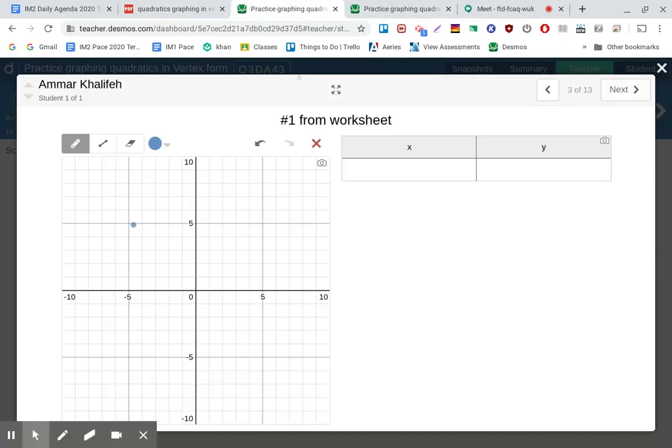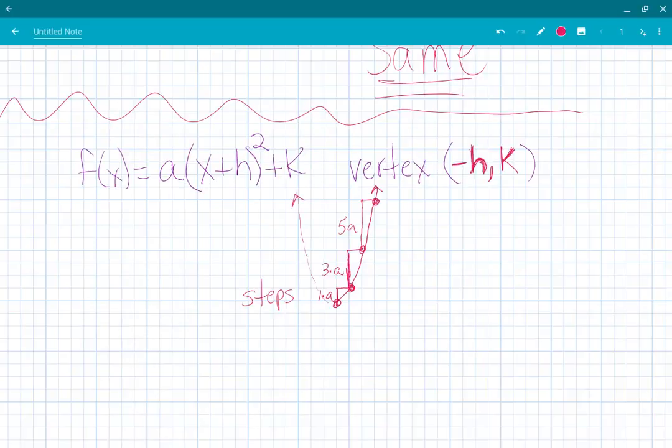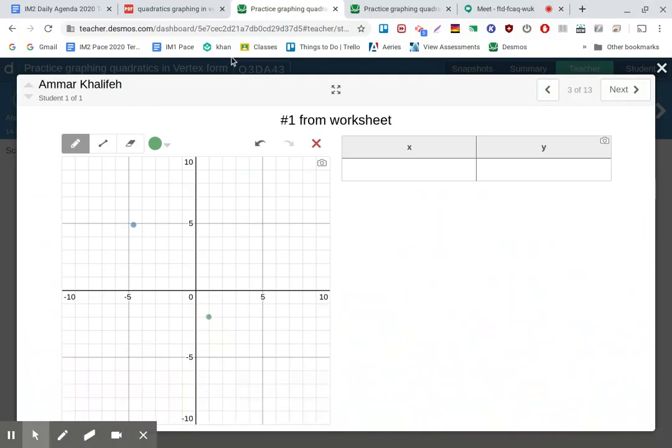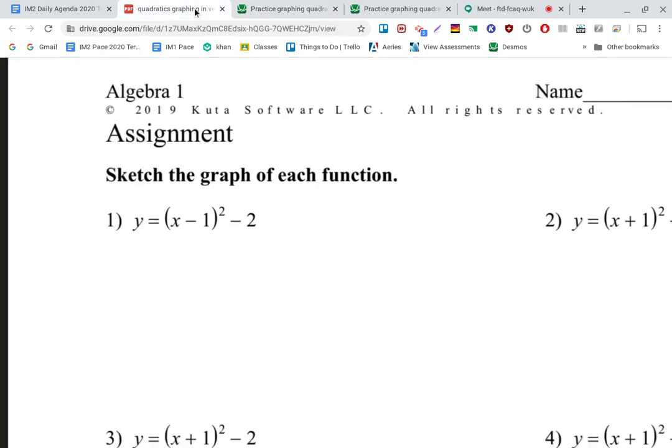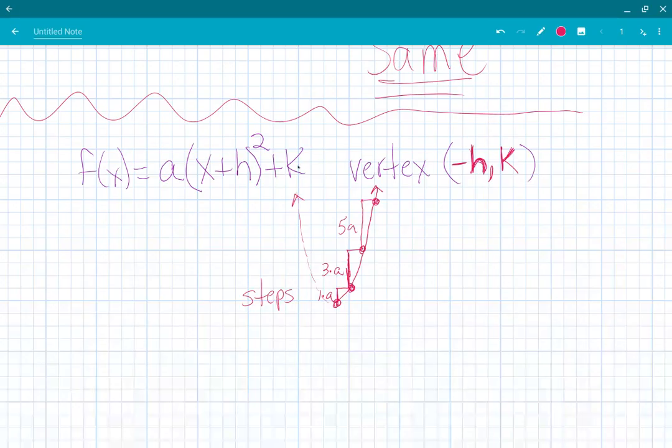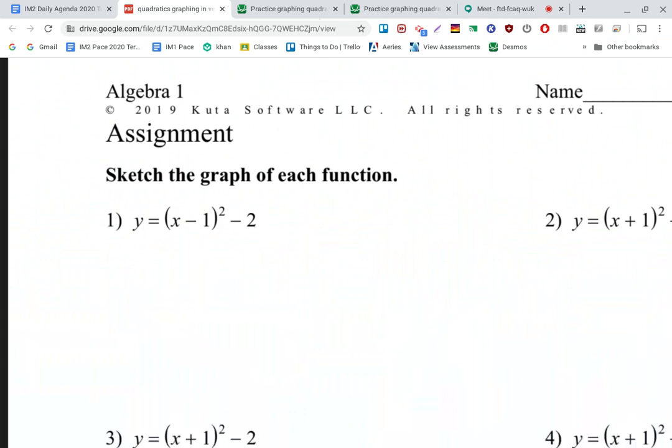So I would actually put that vertex at 1, -1, right there. Oh, was it 1 negative? Wait, hold on 1 second. I forgot what the equation was. 1, -2. So 1, -2.